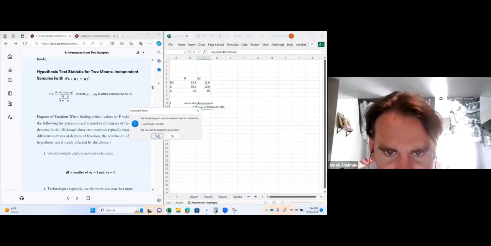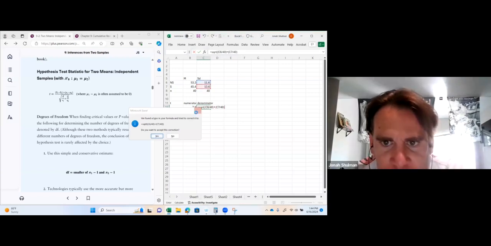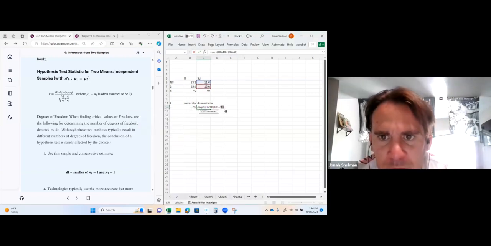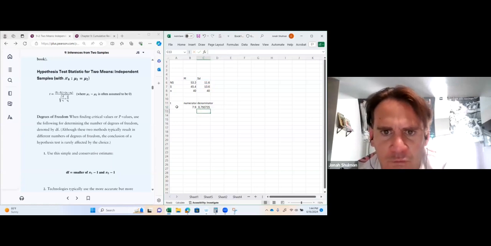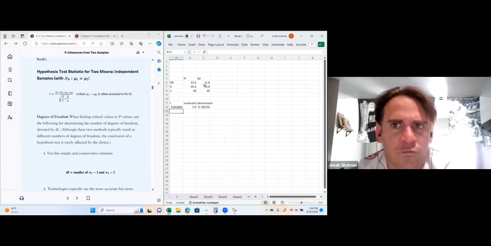We found the typo. Oh yeah, I forgot the n's. Cool. So this is just going to be the numerator divided by the denominator. So I got a t-score of 9.953 for this one.